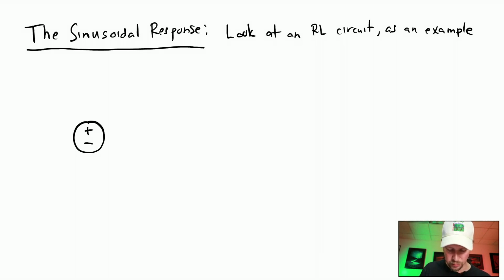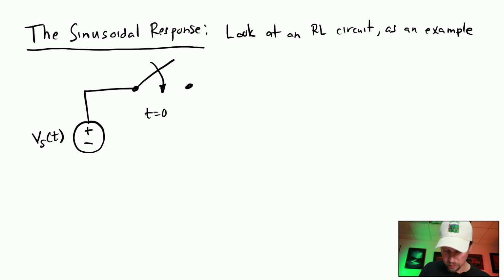There's a voltage source here that's providing us with a voltage V sub S as a function of time. And we then hook this up to a switch. Now, the switch is open for a very long time, and at t equals 0, we close the switch.